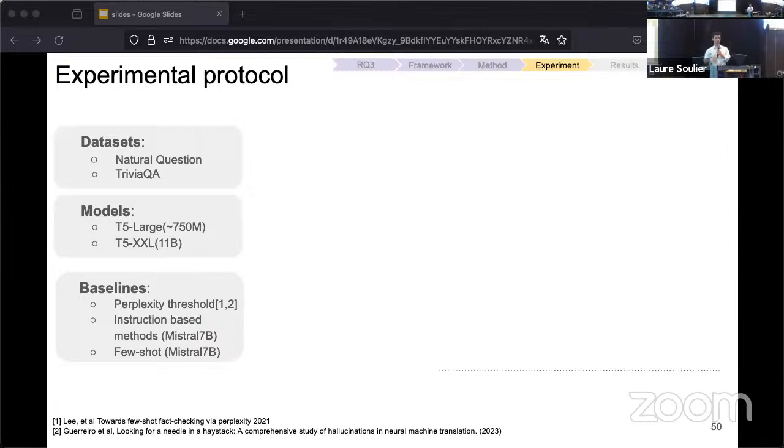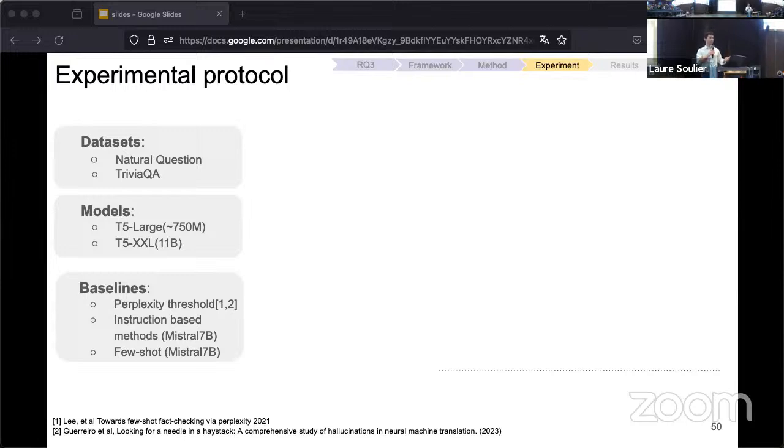We conducted the experiment on Natural Questions and TriviaQA, which are two question answering datasets, and we tested on T5 large and T5 XXL. We compared ourselves against a perplexity threshold, but also against instruction-based models.